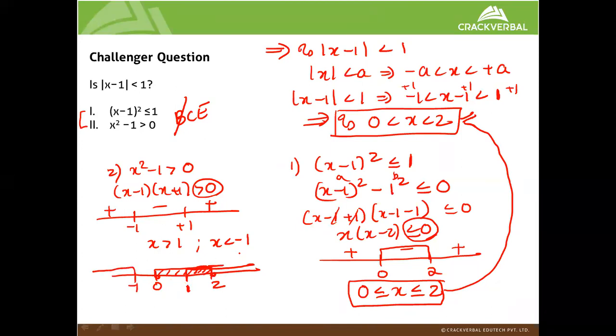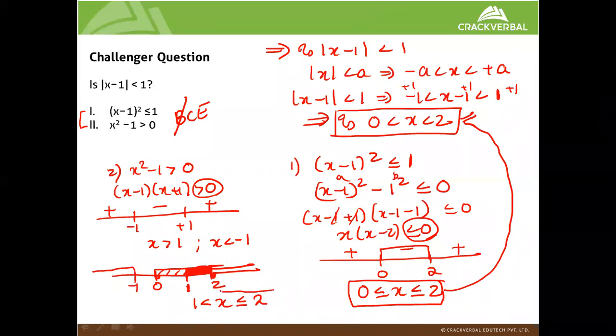So think about this. When I combine the statements, I need the values of x to satisfy both statements simultaneously. When I plotted both ranges for x, the only range which satisfies both statements simultaneously is the range of values from 1 to 2. And remember, you're including 2 here. So when I combine the statements, the overall range for x is 1 less than x less than or equal to 2.